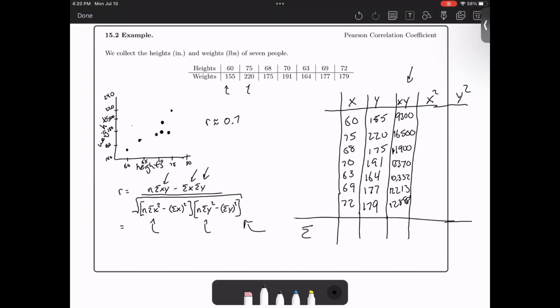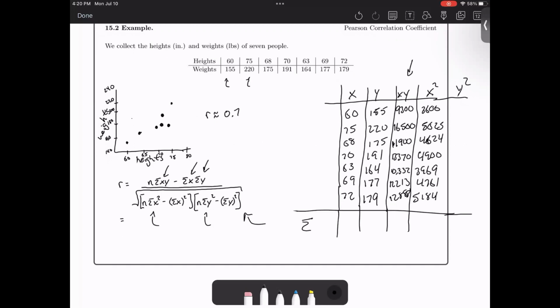And the second column squares, what's 60 times 60? All right, after you have all of the values, you need these sums. So let's go down the x's first. 60 plus 75 plus 68, and all the way down the line gives us 477.